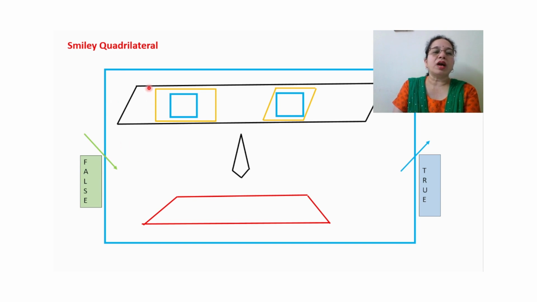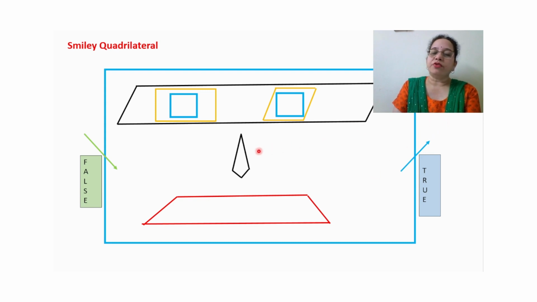A parallelogram is a rectangle, false. A parallelogram is a square, again false. A parallelogram is a rhombus, this is false. A rhombus is a square, again this is wrong. So whenever we are going inside, the statement is always false. Whenever we are going out, it is true.